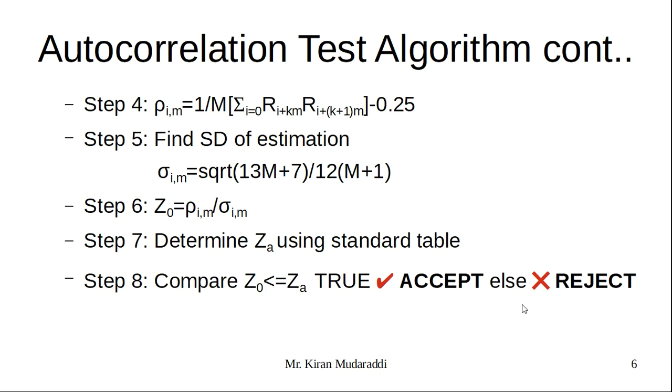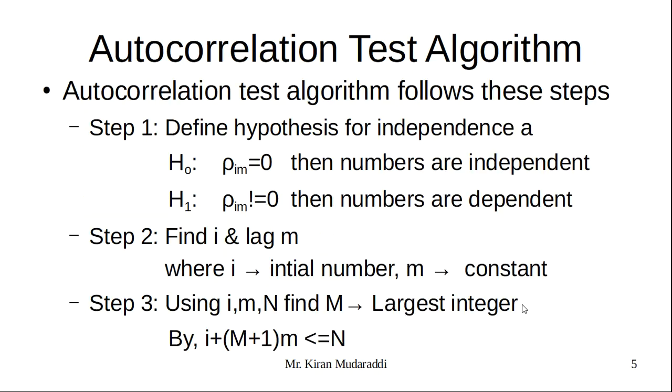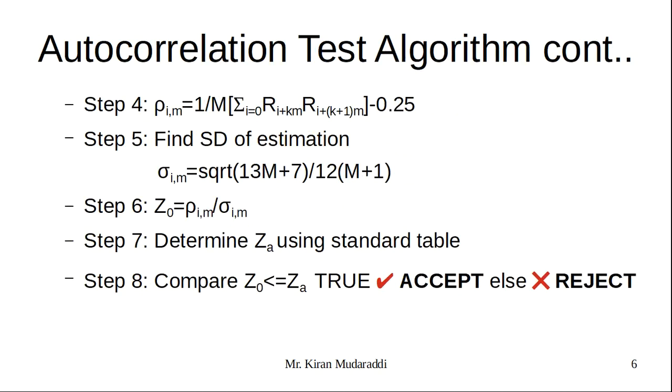Otherwise, we need to reject those random numbers. This test is called the autocorrelation test. I'll take you to the example so that you understand all 8 steps, step 1 to step 8. So let me go with the example.